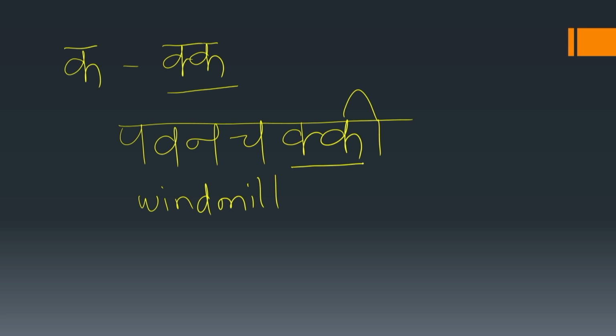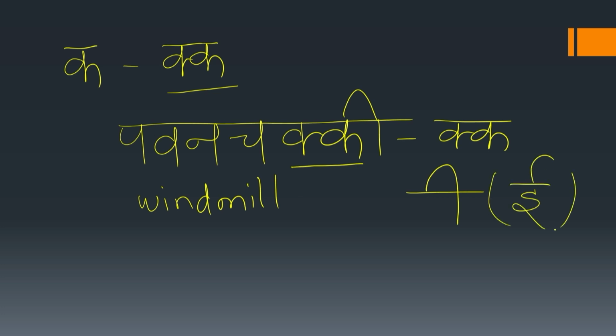Now this is the conjunct here, ka, ka, and then we have added dirgha e. This e is the swar, vowel. By adding this swar to the consonant, we get this.